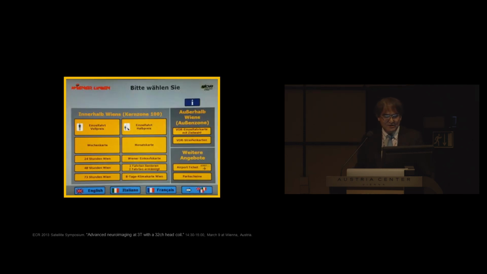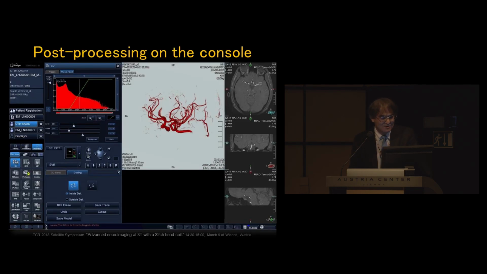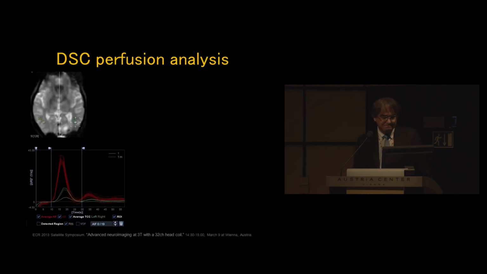Okay, there are other features which are implemented in the 3T. This kind of user interface is always important. Actually, at the 3T, the user interface is brand new and much more beautiful, and you can do many kinds of processing on the console.